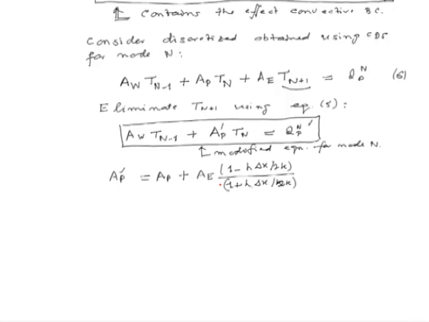And similarly, our QPn prime is the original value of QPn plus the additional term which comes from the effect of the convective boundary condition.